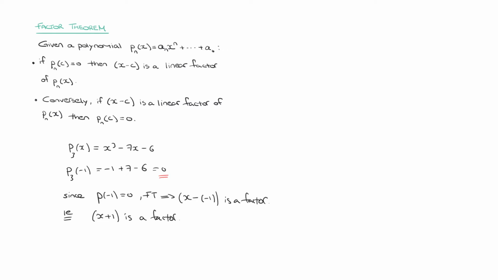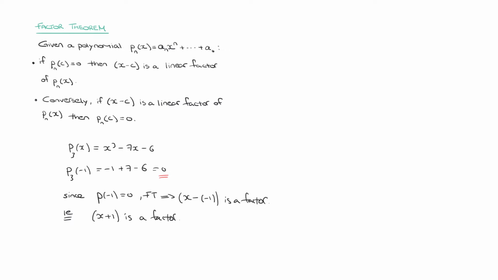Yeah? Now, why is this useful? It's going to become very important on many occasions to write a polynomial as a product of its factors. And when I say factors, ideally linear factors, but sometimes there will also be quadratic factors, but we'll get to that later.